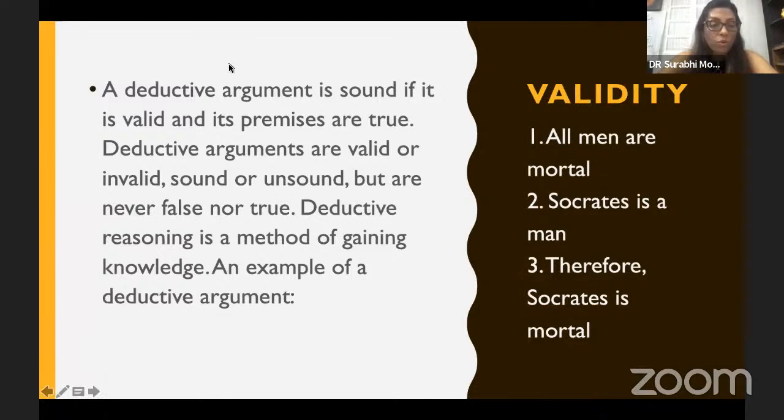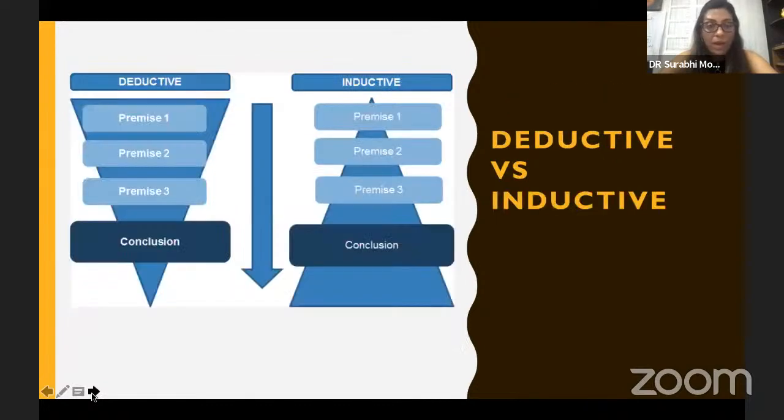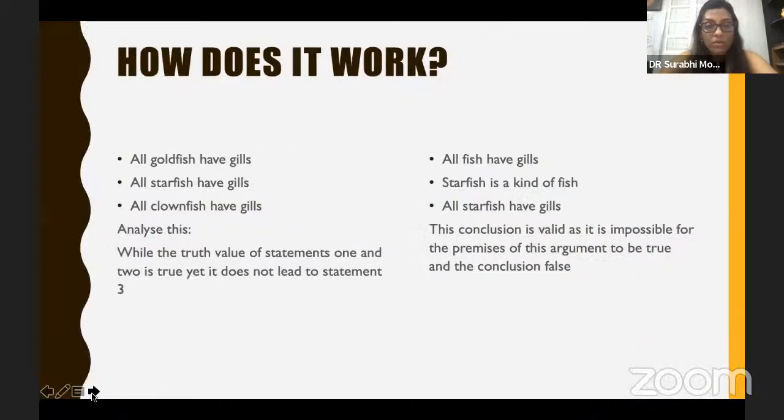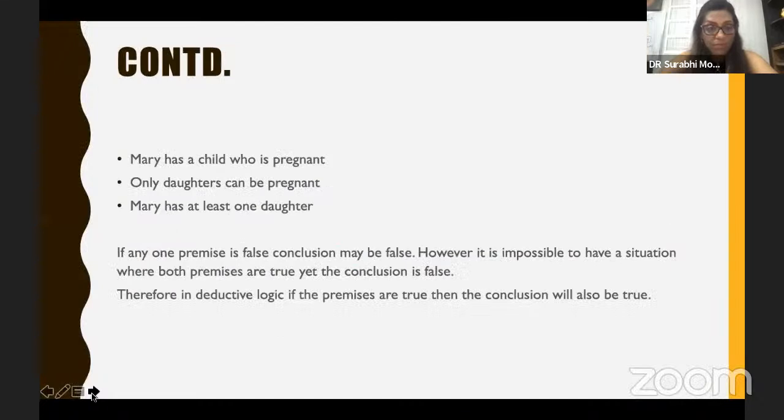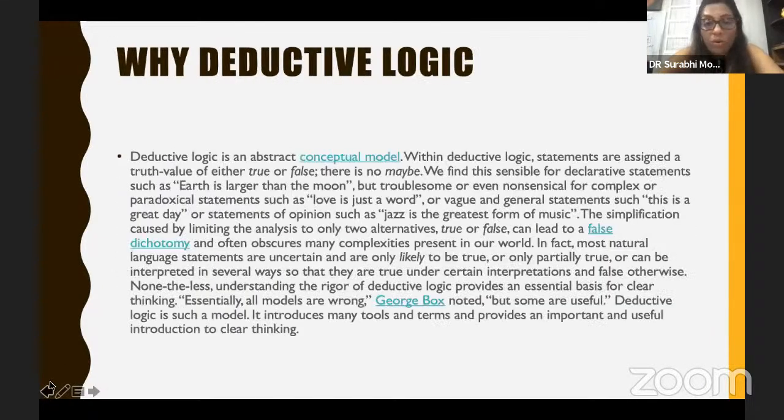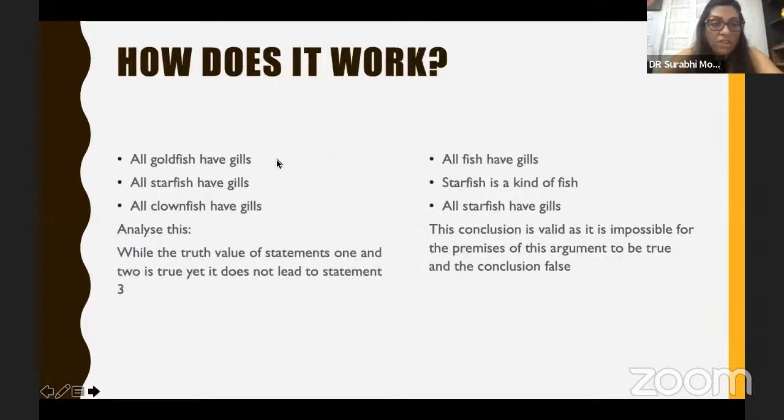So first, let's go to the rules of a valid syllogism and understand what these rules are. Now, just any set of statements will not become a valid syllogism.